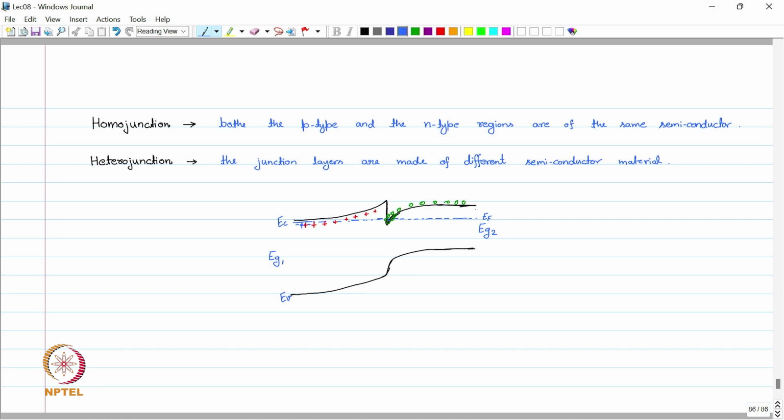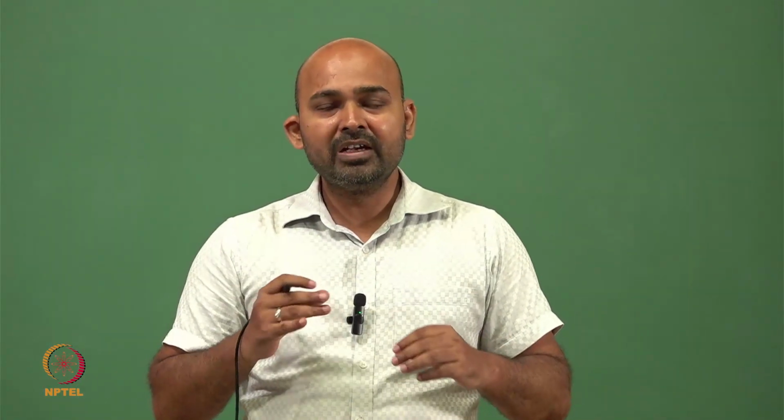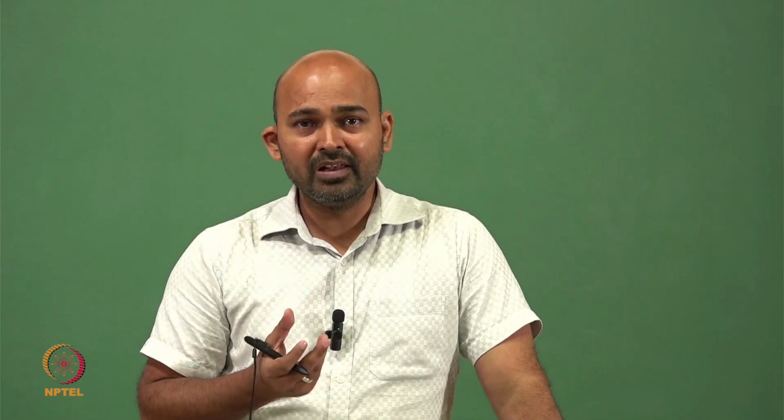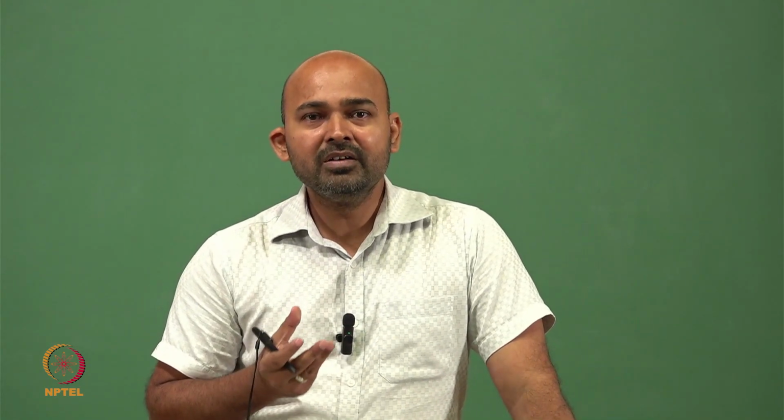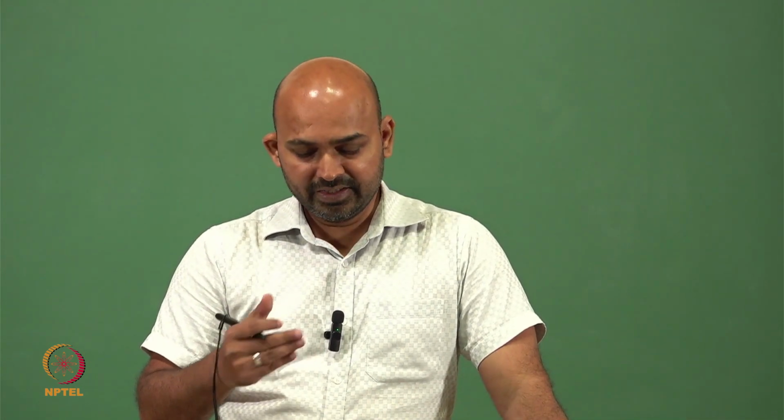It means this notch, or well, will always be filled with electrons, because it is below the Fermi level, so the probability of finding electrons here is very high.